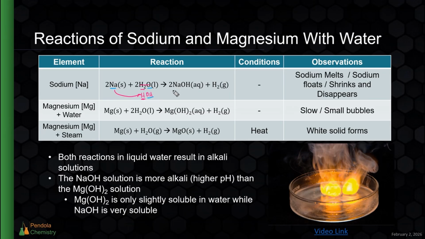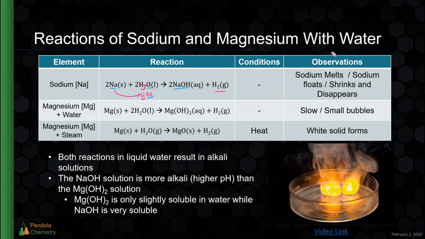So that's where we get that sodium hydroxide from. And then two of these hydrogens, that's why we need two of these, end up creating the hydrogen gas. So very straightforward reaction here. Water with sodium makes sodium hydroxide and hydrogen gas. This does not need any special conditions. You throw a chunk of sodium into the water and they will do this.